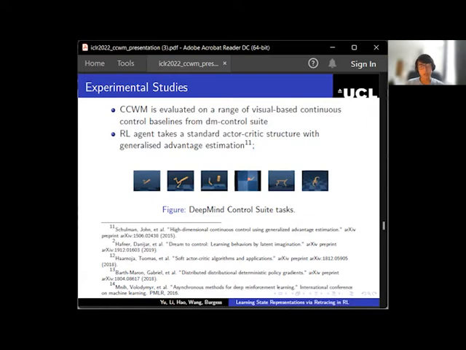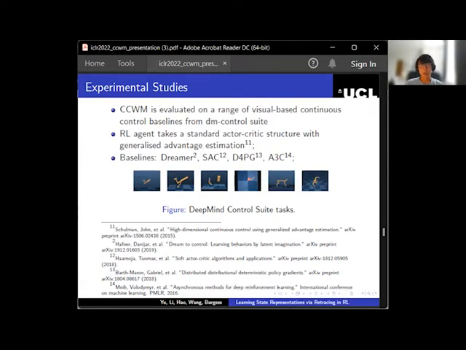Basically, we use an actor-critic structure for the RL learning, which means it involves both a value estimate and a policy gradient method. And we use generalized advantage estimation for the actor-critic, essentially to improve the performance, since it reduces the bias of the policy gradient.